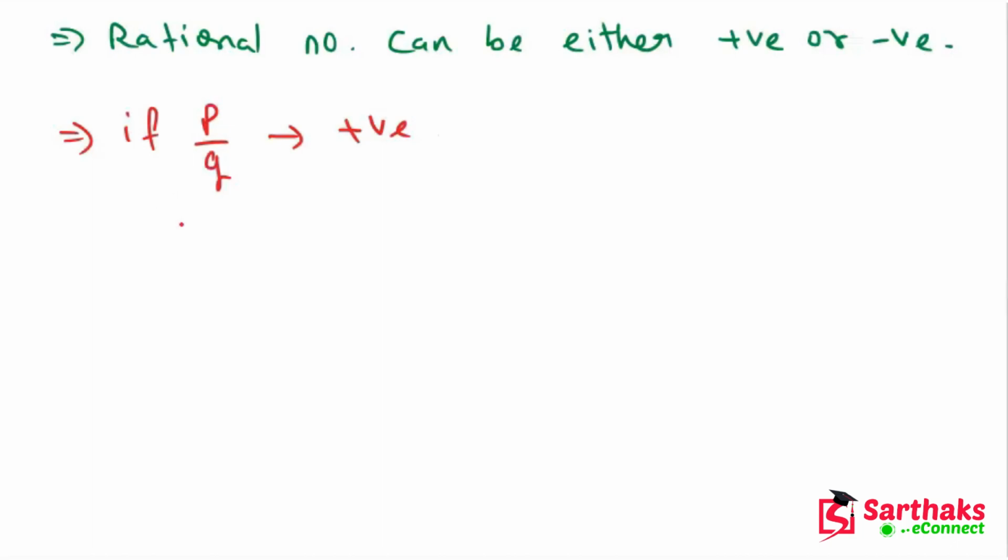Either they will both be positive or both negative. So if P upon Q is positive, then both numerator and denominator are of the same sign. If this condition is satisfied, then we can say P upon Q is positive.